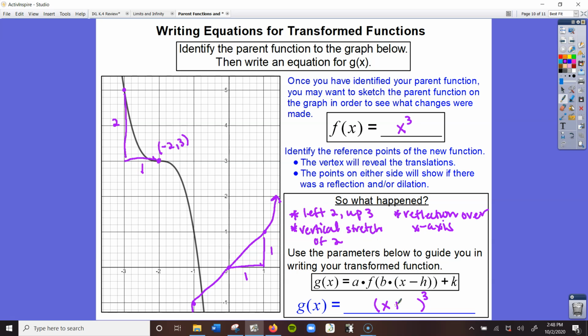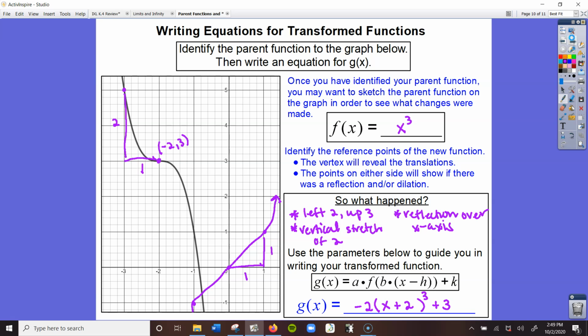So I would write plus 2, since in the equation, remember, it's always the opposite. Then I have this vertical stretch of 2. That means that the number 2 must be on the outside, since it is being multiplied. And there was a reflection over the x-axis that would make a negative. And then additionally, my function also moved up 3, so I would add 3 on the outside.